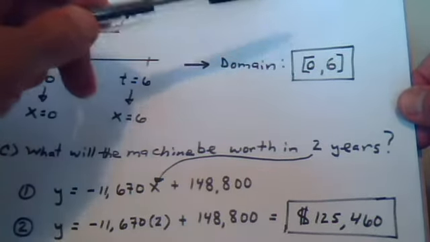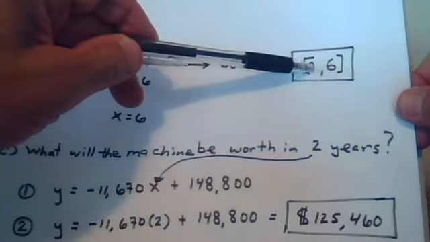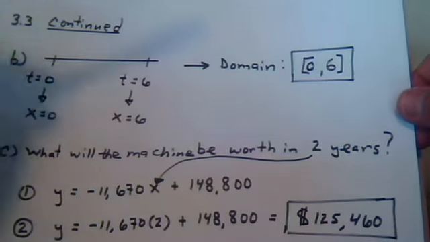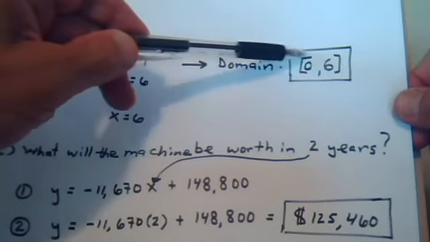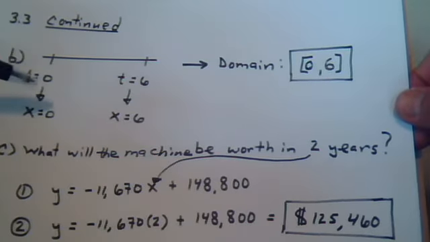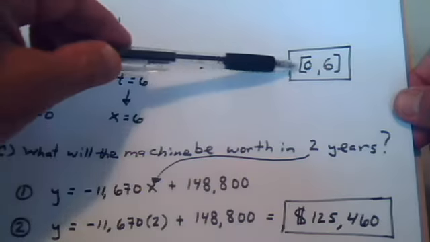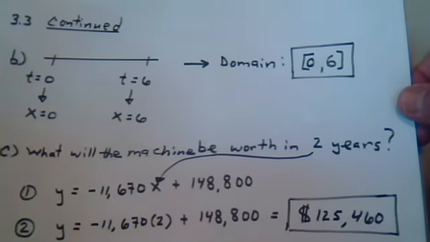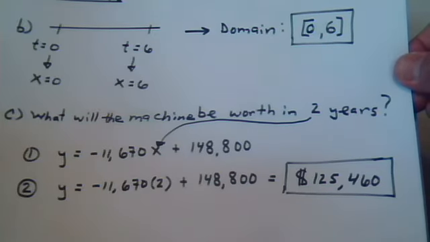When you put this bracket, it means that the number next to it is also a part of the domain. If I didn't want this 0 to be part of the x's that I use, I would put a parenthesis. But notice we're using both the 0 and the 6, and all the x's in between are okay. They're okay values of x, which is the domain.